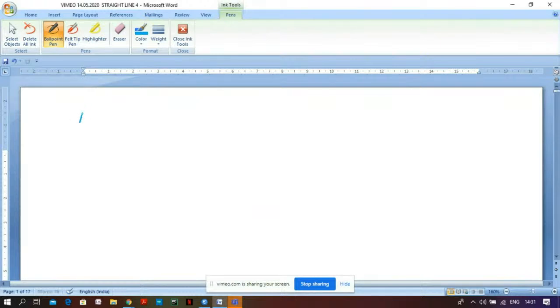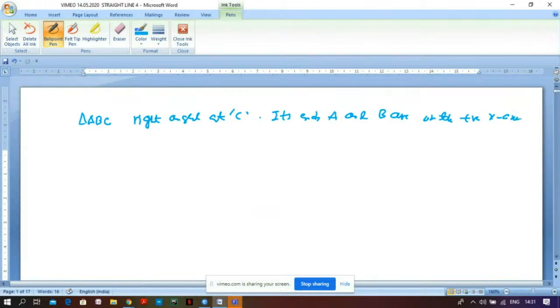There is a triangle ABC, right-angled at C, and its ends A and B are on the positive x-axis and y-axis respectively, one on each. Your job is to find the locus of C.